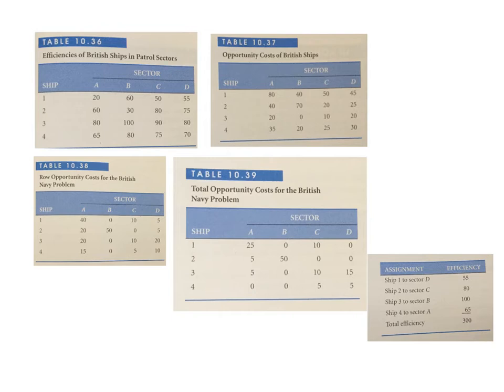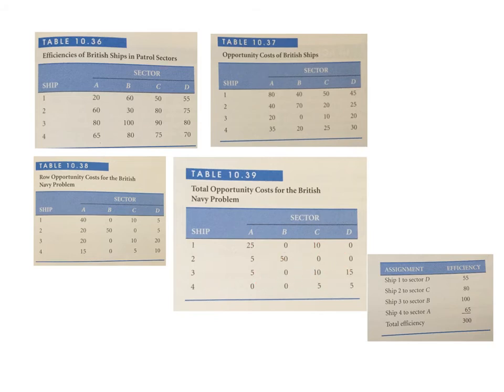Now let's look at how many zeros we have. We have 1, 2, 3, 4, 5, 6, 7. So how many lines can we draw? Let's see the minimum possible number of lines that we can draw. We can draw 1, 2, okay, hang on, 1, 2, 3, 4.